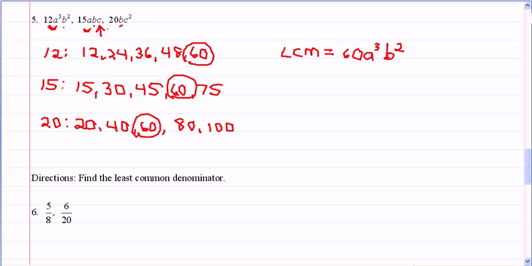So next I look at my c's, and I have c to the first and c squared in only my second and third terms. So again, not every term has to have a letter, but you still take the higher of the letters, which is c squared. So my least common multiple is 60a cubed b squared c squared.